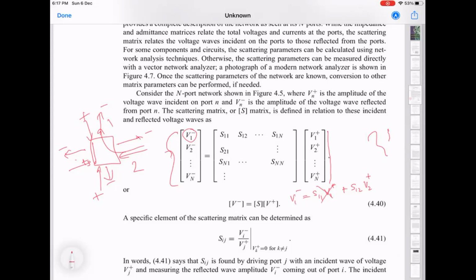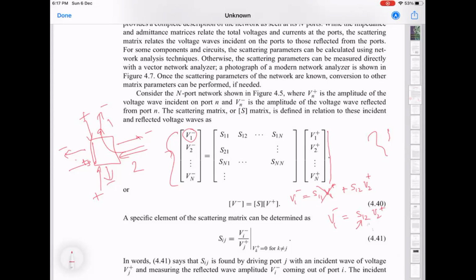So V1 minus is equal to S12 V2 plus, which is basically what I was telling you: the first index is the to index and the second index is the from index.